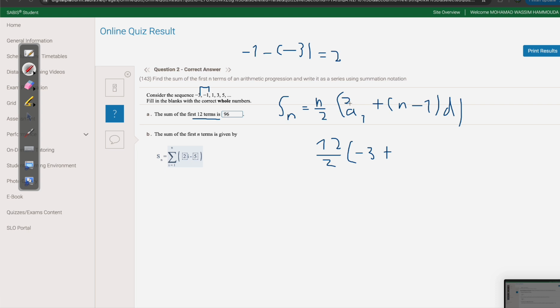It's 2 times a1, so you're gonna get -6 plus 2 times 12, which is 24, minus 2. After you distribute, 24 minus 2, you are going to get 96.